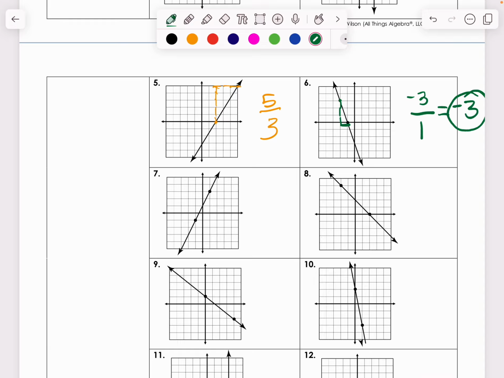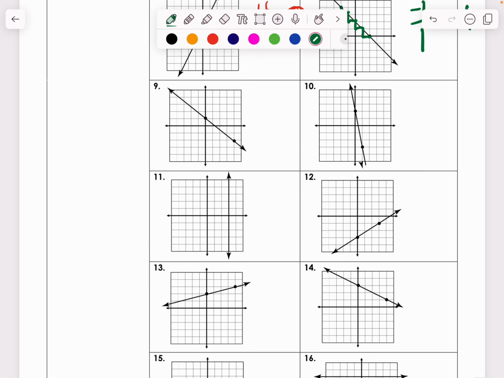Okay, you can get a whole number if you have that as your slope, okay? Number 7, you go up 1, 2, 3, 4, to the right 1, 2, so our slope is 2. Now for 8, we go down 1 over 1 on each of these. So it's negative 1 over 1, okay, which means it's just a negative slope.